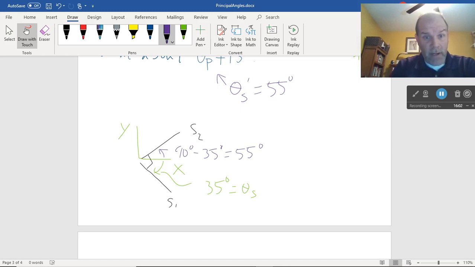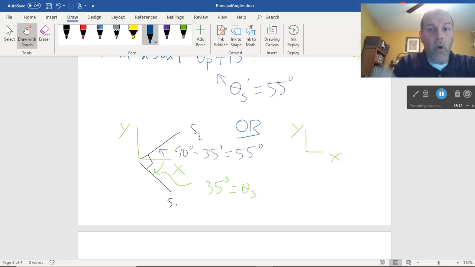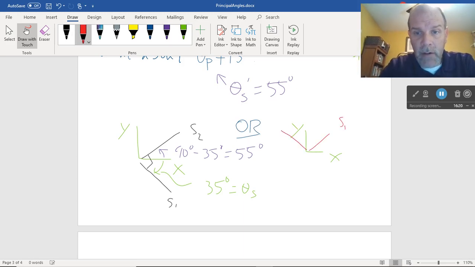So if you were to decide to start off with X and Y, and I'm going to give away the game here, put a big old OR in there, right? You can decide to say, hey, I'm going to put my S1 here and my S2 here because I'm going by 55 degrees. And notice, the red S1 is on top of the black S2. And the red S2, yeah, it's negative the black S1, but they're the same direction, right?